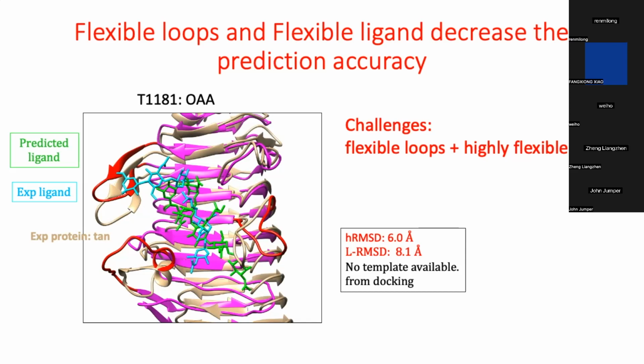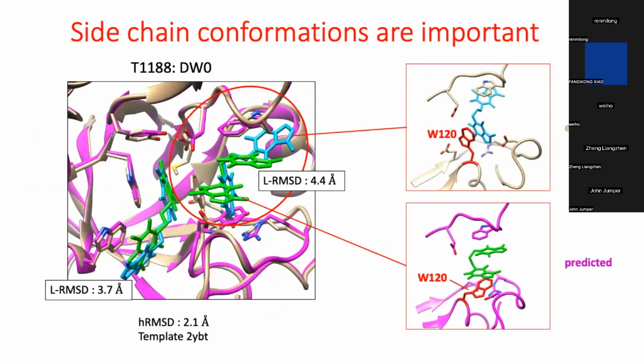From AlphaFold, the conformation of this loop is not correct, and therefore our ligand is pushed to the lower part. That's how we failed, due to the flexible loop and highly flexible ligand. This one was mentioned by Shen.